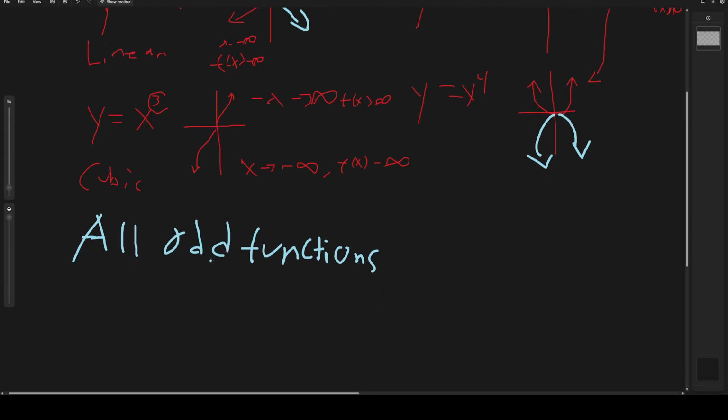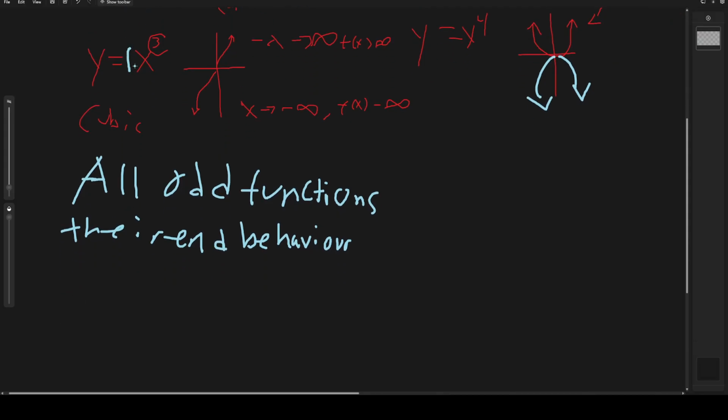But basically, a general thing you need to know is all odd functions, their end behavior is most often shown with no coefficient. See how there's no number here? Just an invisible one. The coefficient is the number in front of the x or variable.